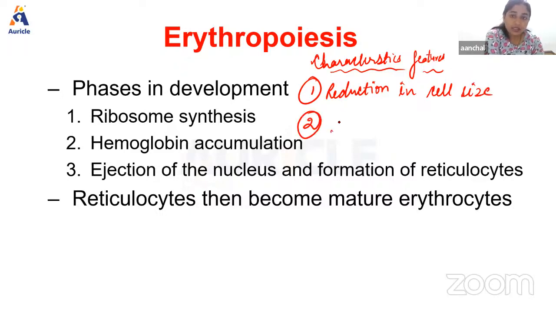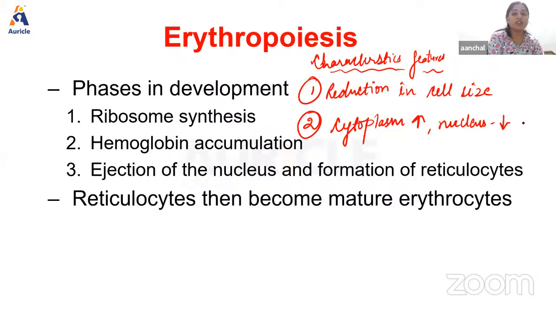Second, the cytoplasm increases in amount and the nucleus decreases. Okay, so these are the characteristic features of erythropoiesis during adult life, which we are discussing right now.